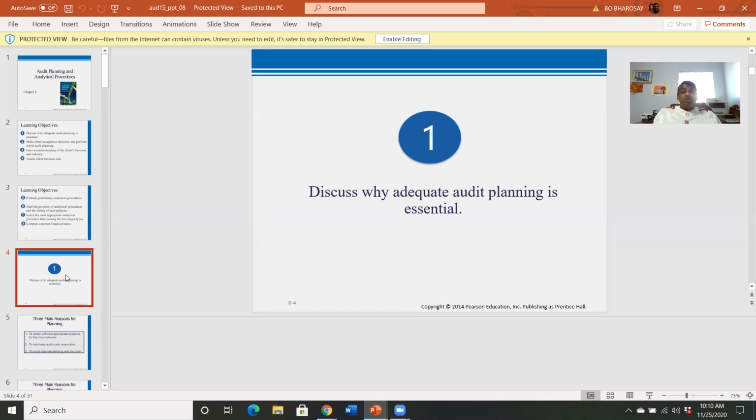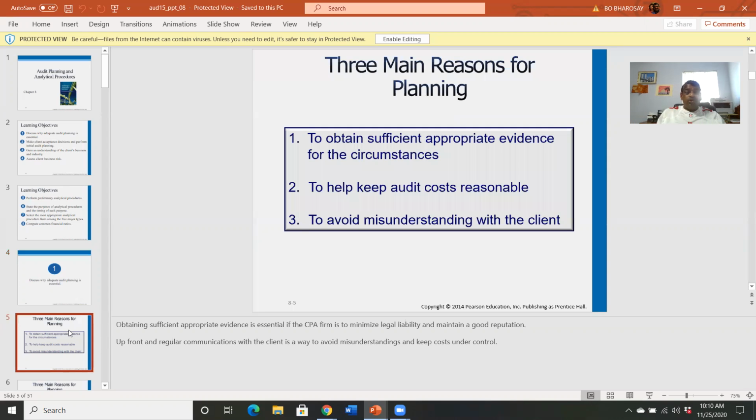If you're going to exceed your budget hours, you want to make sure that the client knows if you're going to bill them extra, right? If you cannot bill them extra, then the firm is going to have to suffer that loss. Your profit will not be as big as you planned. So planning is important. The main reason for planning is to obtain sufficient appropriate evidence for the circumstances.